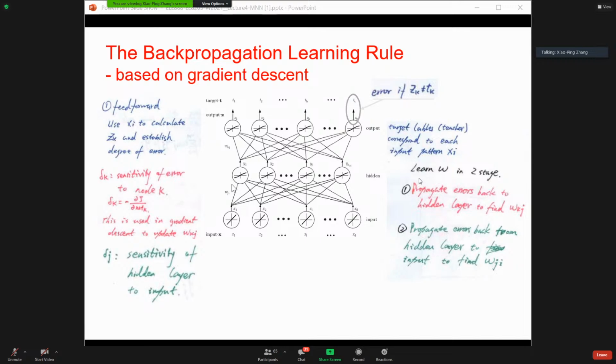So that arrow is delta J, and that delta J is used to compute this particular W, the derivative of the W. Yes, you can consider delta is the error propagated to each layer.